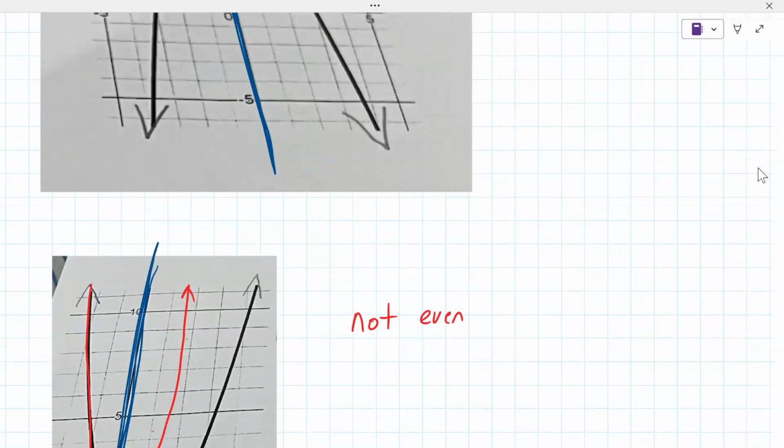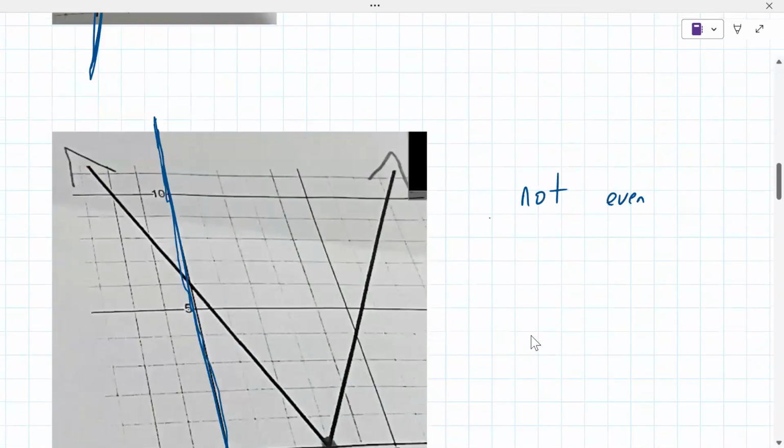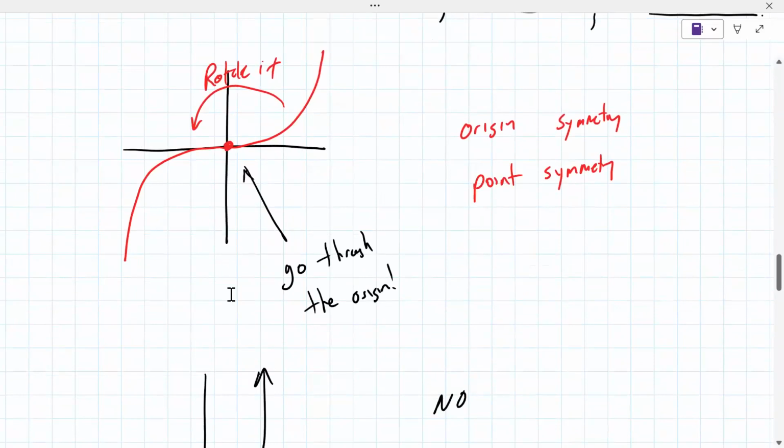Okay. All right. How about for odd? What did you write down for odd? So the first thing is that it goes through the origin. So write that down, please.